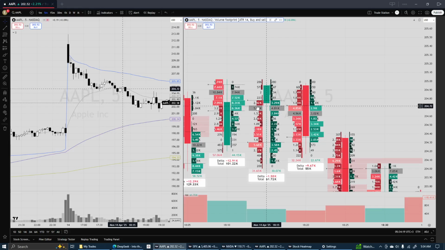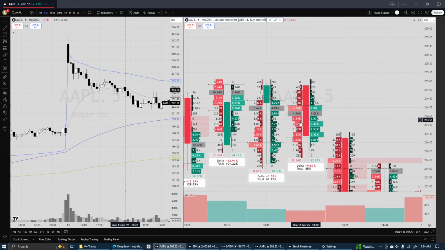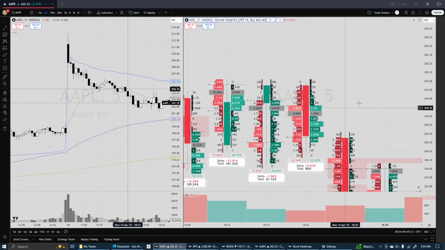Sellers by marginal, sellers heavy, a little bit leaning towards the sellers here. The sellers dominated this candle. Sellers destroyed the buyers in this candle. Delta was negative, and close here.